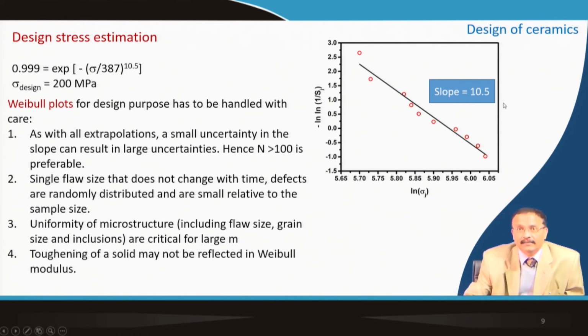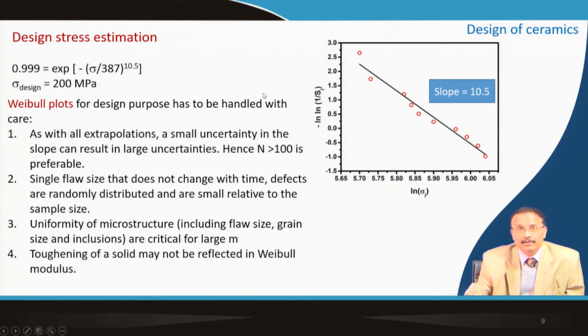So, once you get the value of m, and from the intercept you get the value of sigma 0, then this sigma 0 is known and m is known. Here, for survival probability, let us assume that I want 99.9% of the samples to not fail at this stress level. So, I can just put it in this equation.